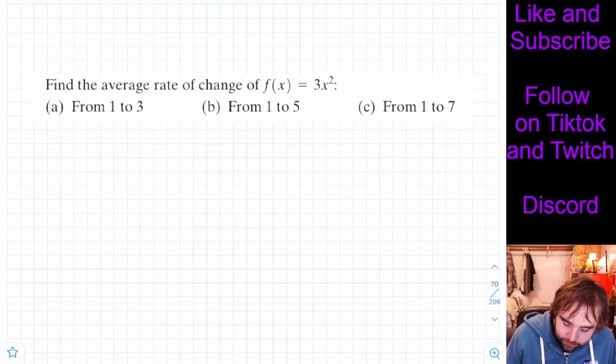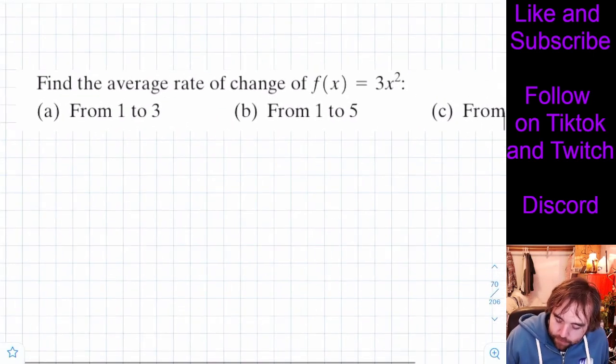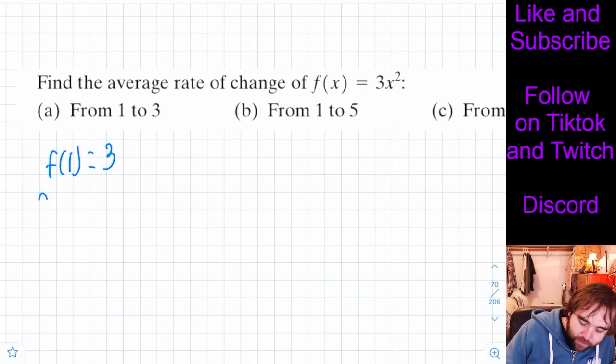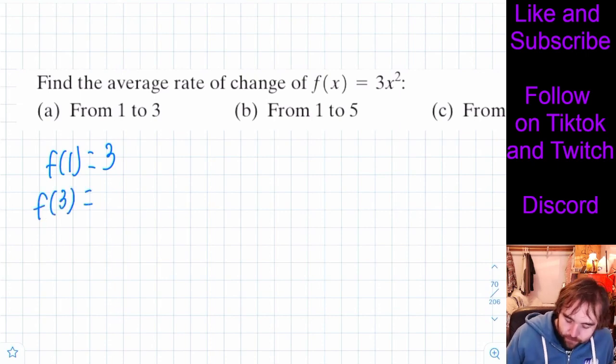So let's see. For the first one, when x equals 1, what is f of 1? Well, 3 times 1 squared, that's 3. And then what is f of 3? That's 3 times 3 squared, that's 27.